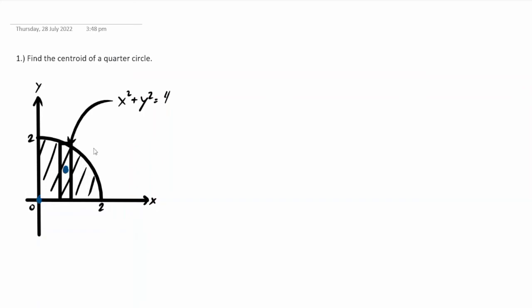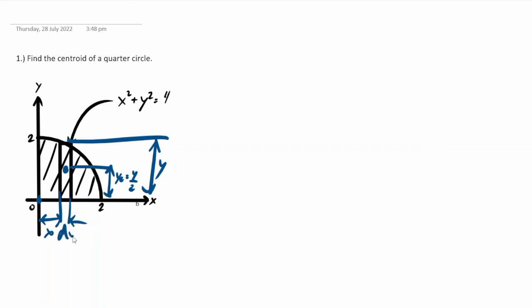So just like before, this is yc equals y over 2, because from the top of the strip to the x-axis is our y, and then the distance of the strip to the y-axis is our x, and the width of the strip is dx, as you can still remember, and this is our xc.